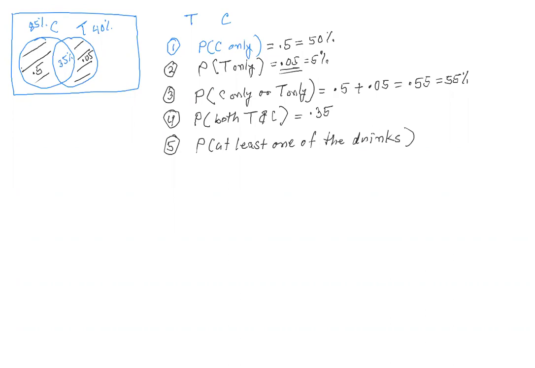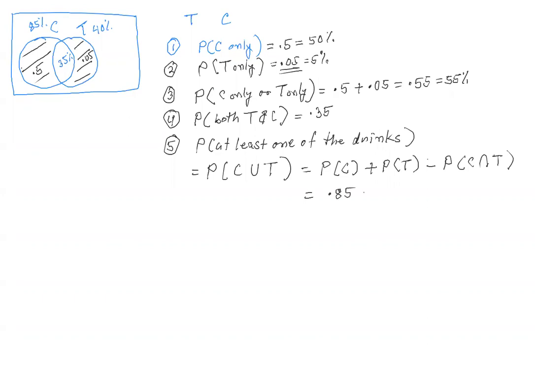Which, by the way, turns out that you are looking for the probability of C union T. Okay, C union T, which is the probability of C plus the probability of T minus the probability of C intersection T. The probability that a person drinks coffee is 85% or 0.85, plus the probability that a person drinks tea is 40% or 0.40, minus the probability that a person drinks both coffee and tea, 0.35 or 35%.